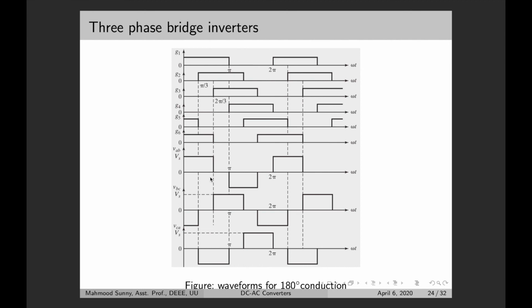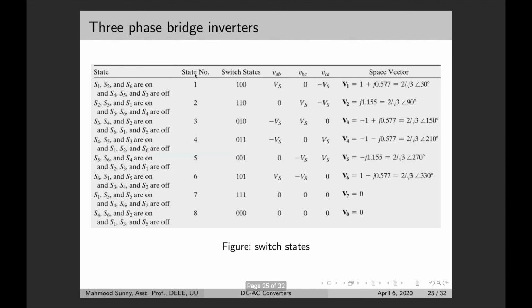Okay, so from this switching table, we can see that this type of topology can have 8 states. So we can see that in state number 1, we have VAB equal to VS, VBC equal to 0, and VCA equal to minus VS. Switch states 7 and 8 produce 0 voltages.